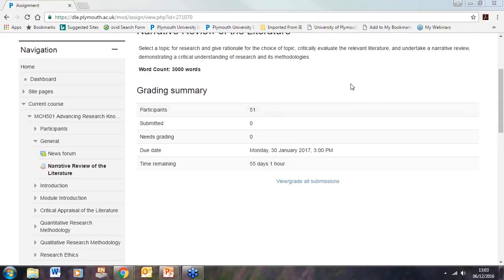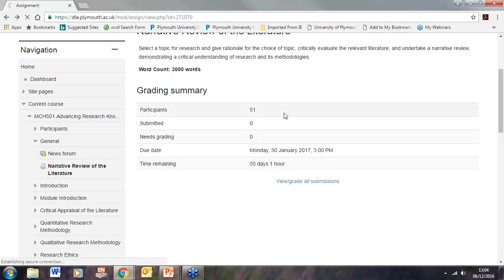But after the deadline, you will not be able to submit your assignment online. If you have a legitimate extension, then there will be provision made for that.